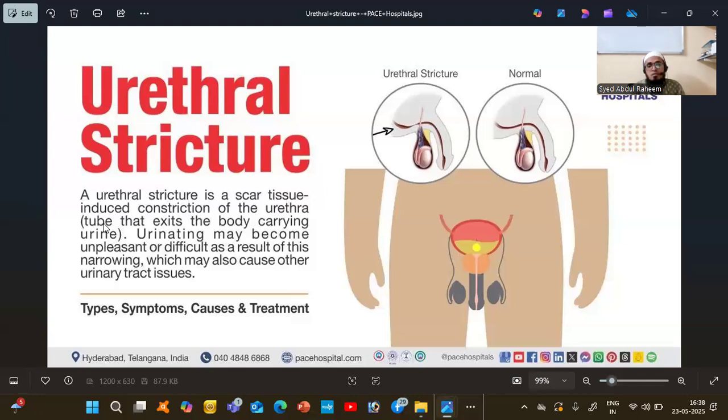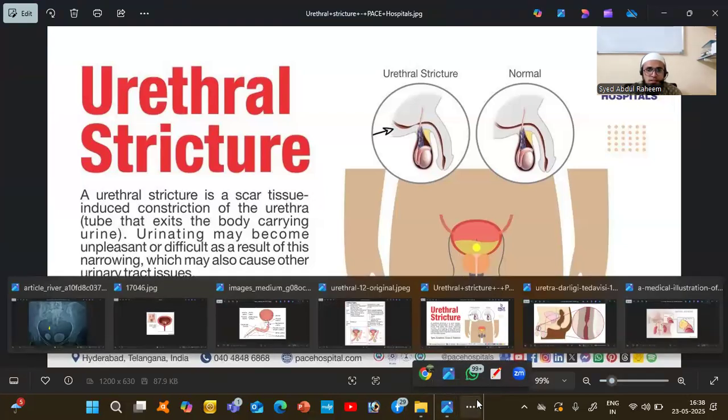So what do the doctors do? Sometimes they will do surgery. Whatever stricture is there, they remove the tissue from there, and they do the surgery of that area.